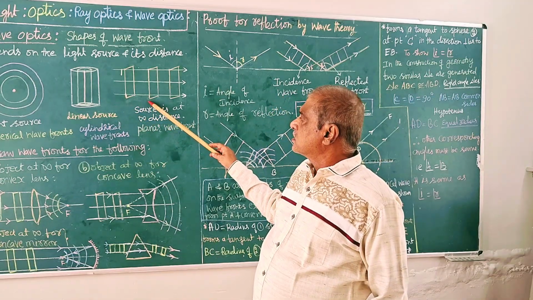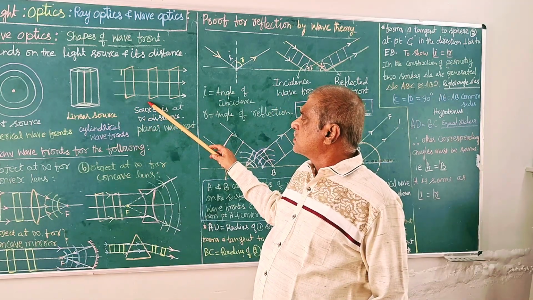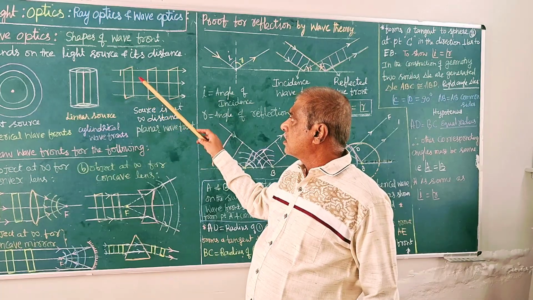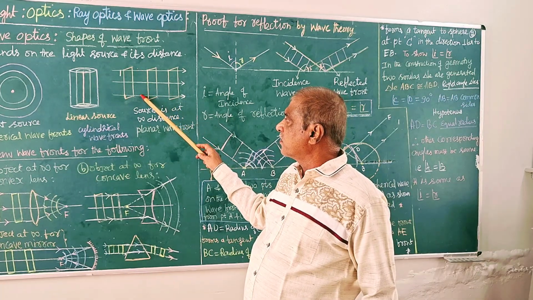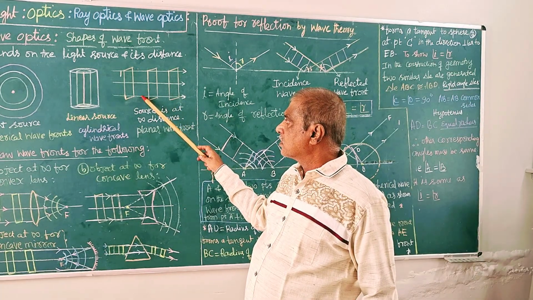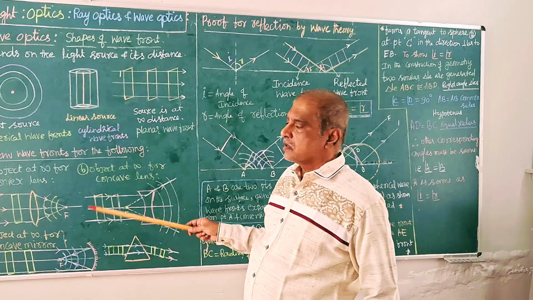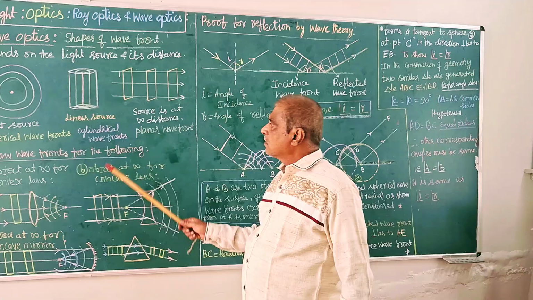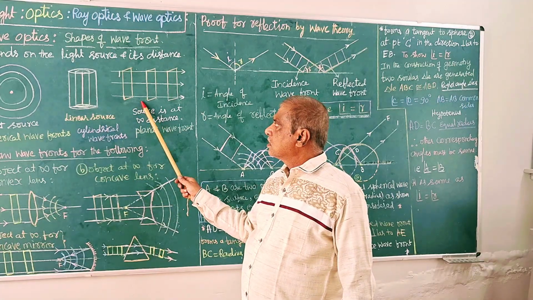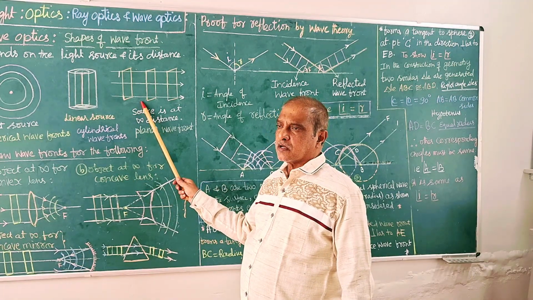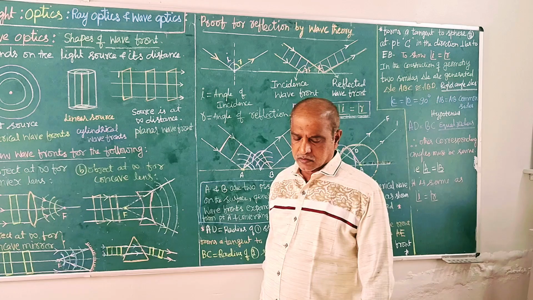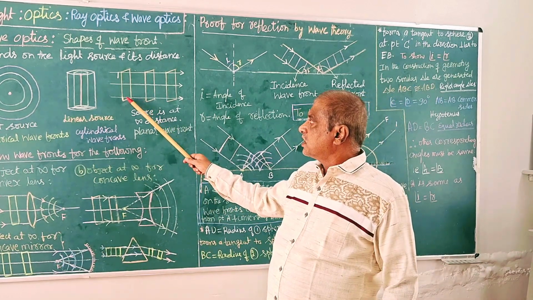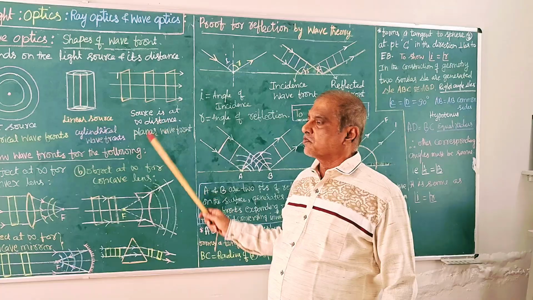And one more case: if the light source is at infinite distance and the light rays come from infinite distance. In this depiction, we use both ray optics and wave optics to represent the shape of the wavefront.